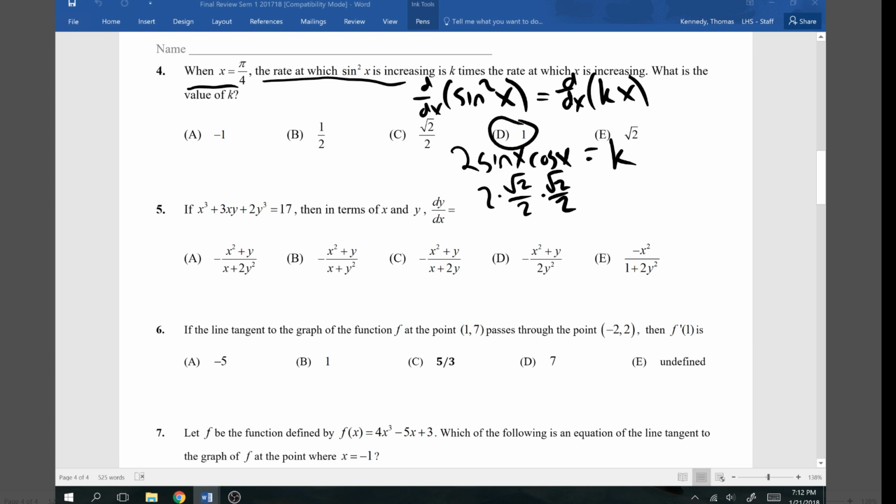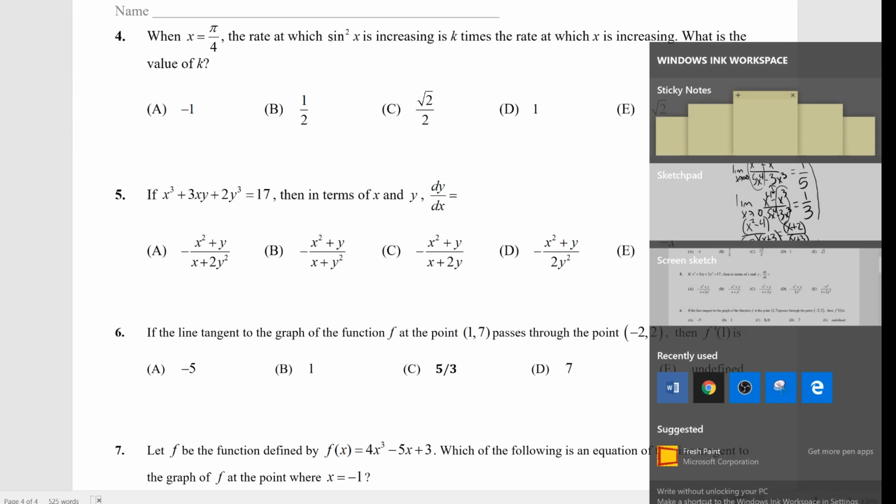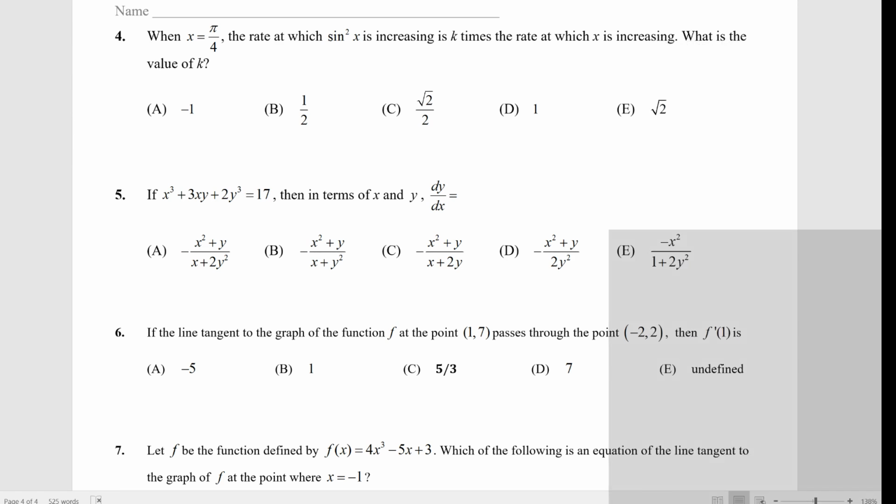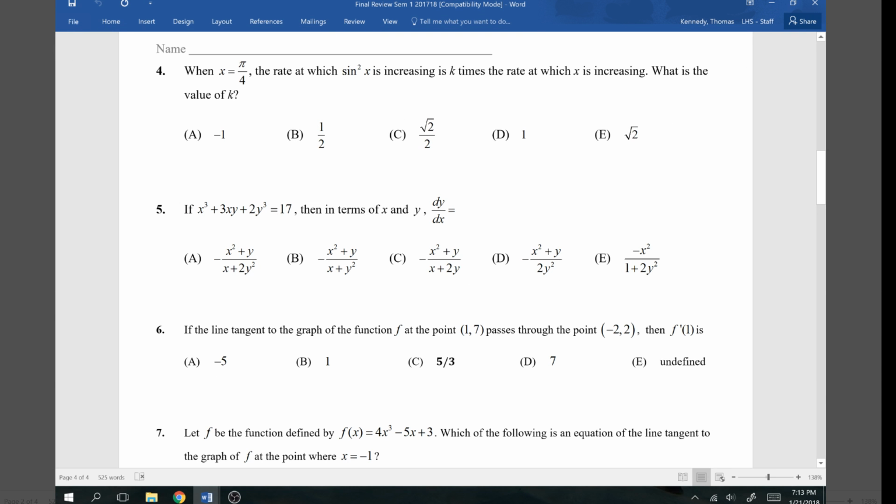People are asking for questions. Yep, chapter 2, number 5, that's my very next one. So let's reset this and jump in. So implicit, people love implicit. It's everybody's crowd favorite. So we take the derivative of x cubed, we get 3x squared.